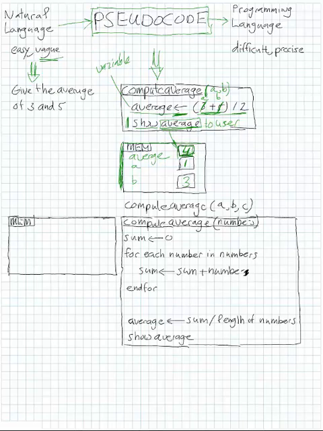We get A plus B, so that's 1 over here and 3 over here for B. That's 4. Divided by 2 is 2, and the result is stored in average. So that's stored over here. Average gets as value 2. And then on the next line, the user sees as output the number 2.